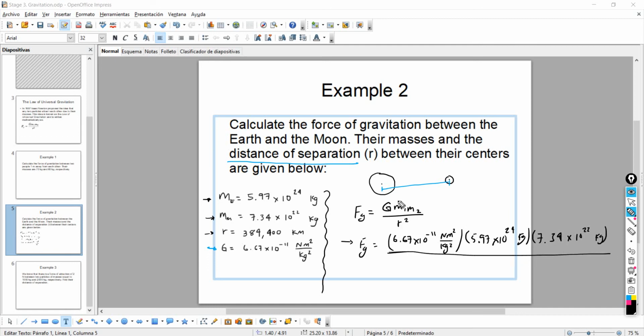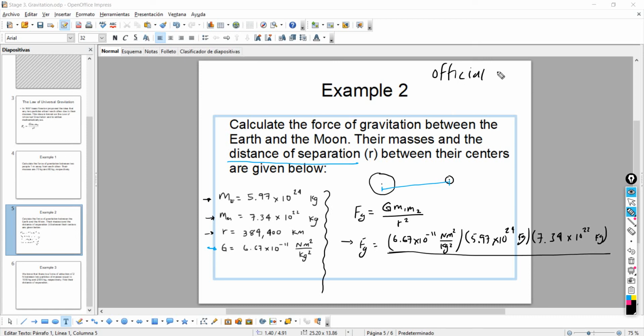over the distance of separation between the centers to the square, which I was given and is equal to 384,400 kilometers. Okay, pay attention to what I'm gonna say, guys. The units in these problems should always be official units.